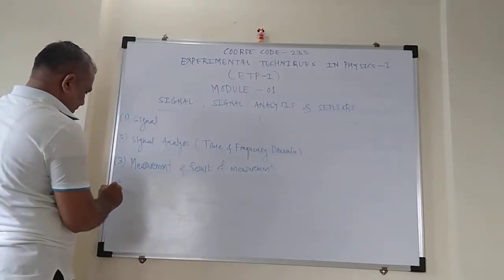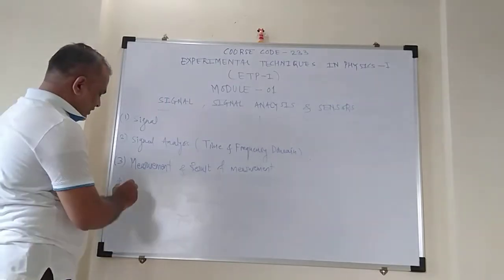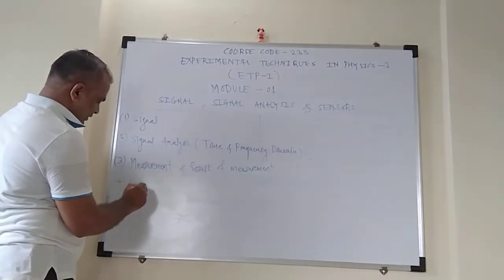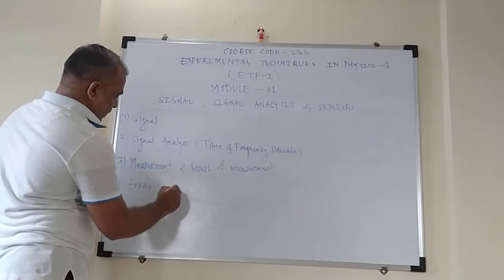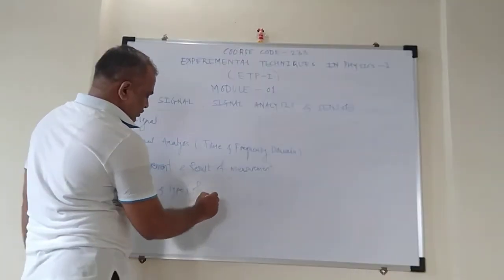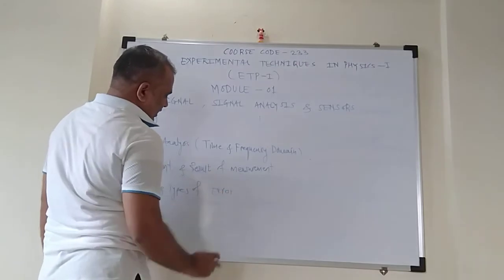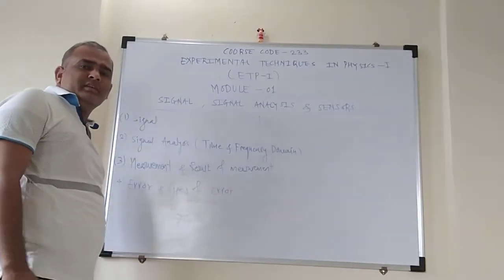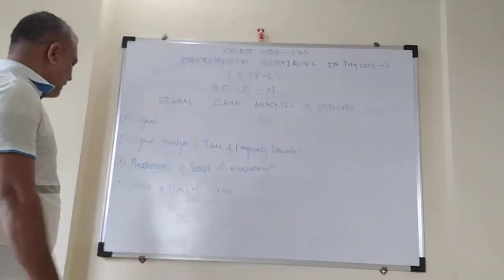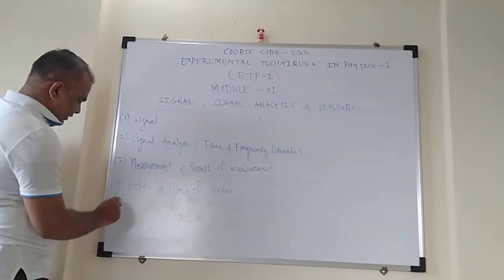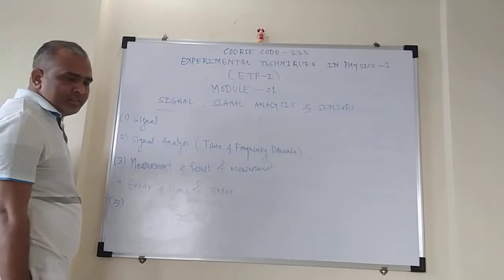The fourth topic that we have to study here is error and its types, which we have already studied in earlier standards, like systematic error, random error, etc. And the fifth topic is sensor.